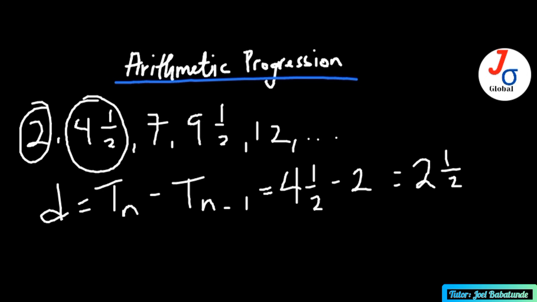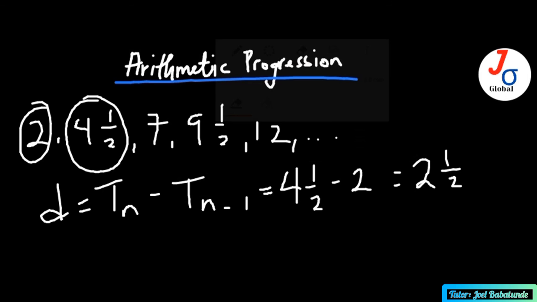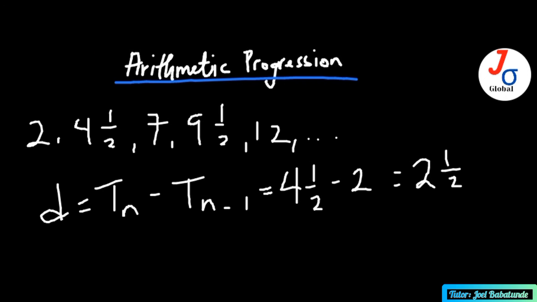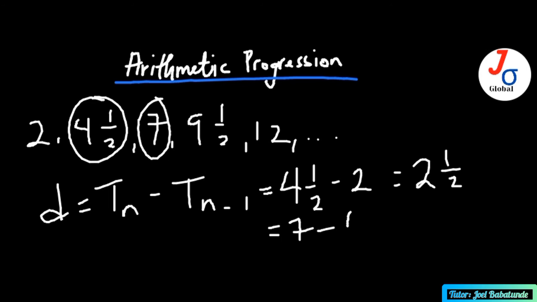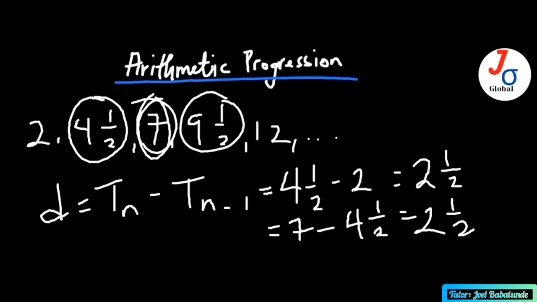Or I could also pick 7 and the term before it, so 7 minus 4.5, which is still 2.5. Either 9.5 minus 7, you still get 2.5. Whether 12 minus 9.5, you still get 2.5. So that's the common difference between all of these terms.